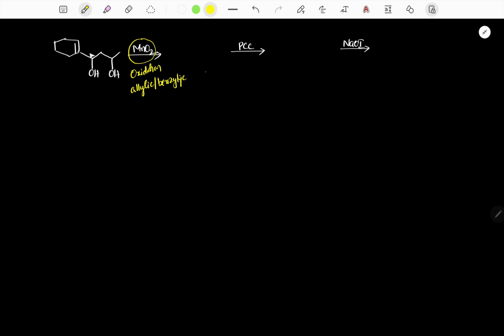It is an allylic alcohol, the carbon next to the double bond is allylic. Therefore only the allylic alcohol undergoes oxidation.